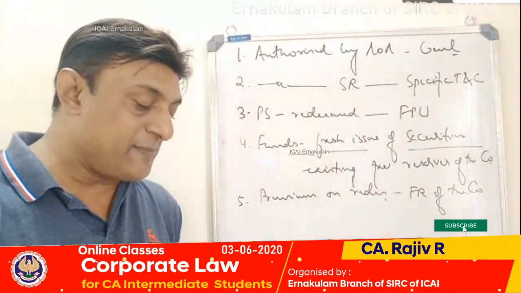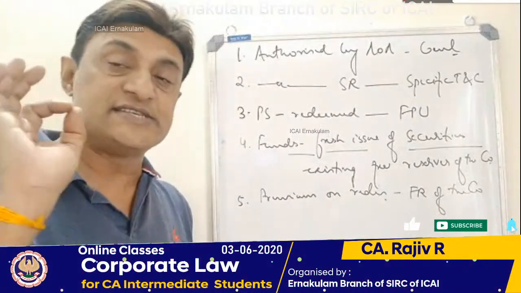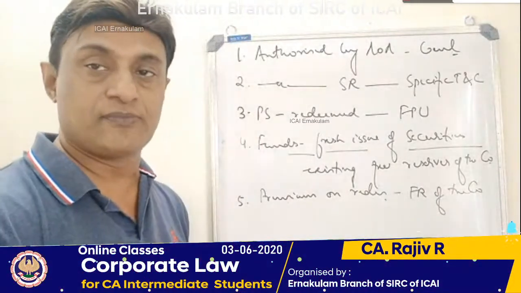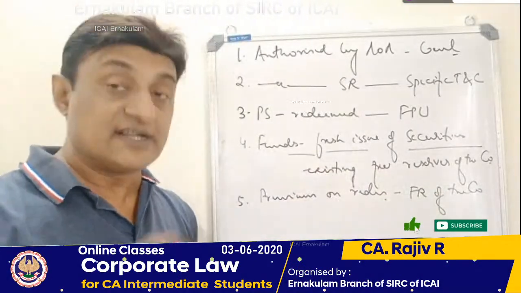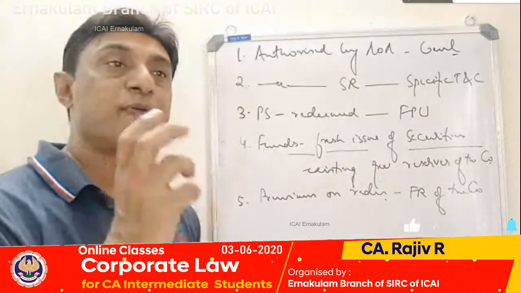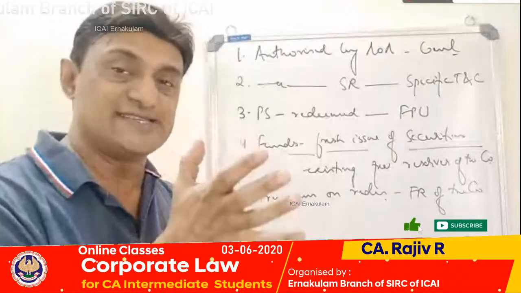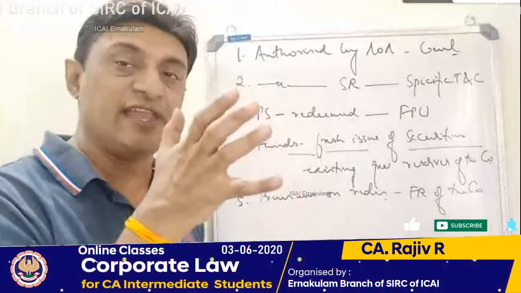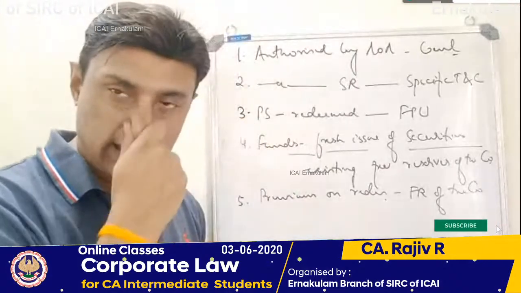And I have specifically made a mention, this is where we stopped the last time, that the securities premium account shall not be considered to be a free reserve for that purpose, at least for this purpose. The securities premium account is a capital reserve for which the utilization is specifically restricted or stipulated by the Act.